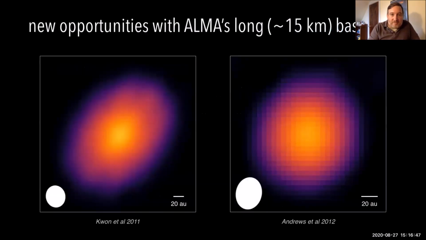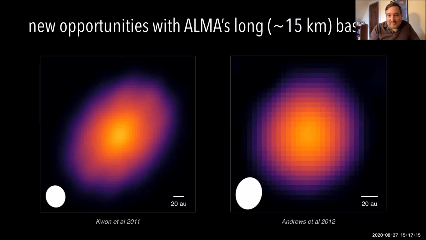So starting about 5 years ago, we had some new opportunities using the long baselines with ALMA. I'm showing you, these are not blurred images. These were the best spatial resolution images of disks that we had, I guess 8 or 9 years ago, with the precursors to ALMA, CARMA and the Submillimeter Array.